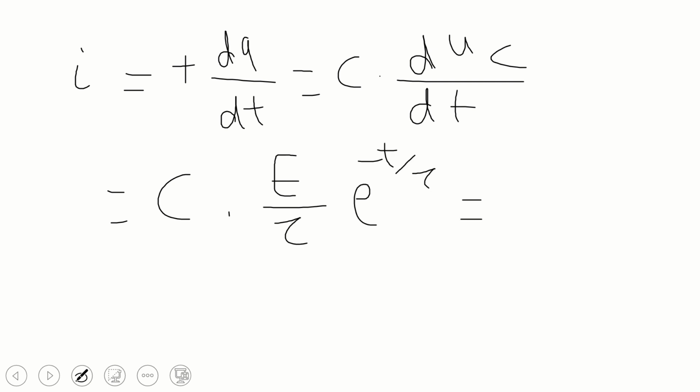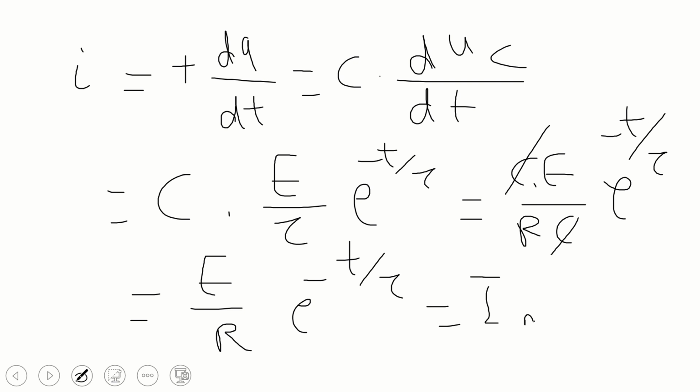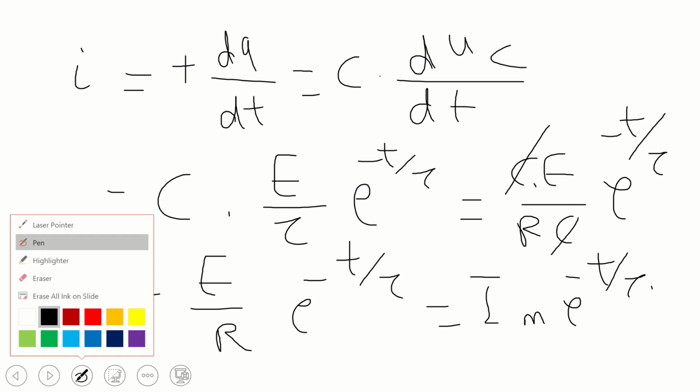Knowing that tau equals RC, C times E over RC e^(-t/tau), simplifying C, so it equals E over R e^(-t/tau), or I max e^(-t/tau). So now, I equals E over R, or I max, e^(-t/tau).